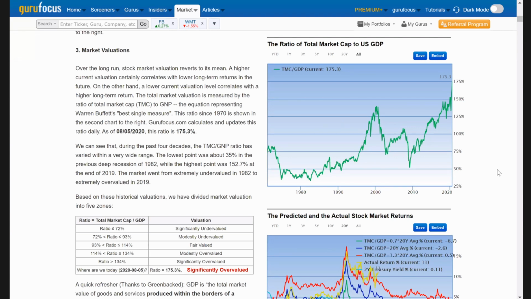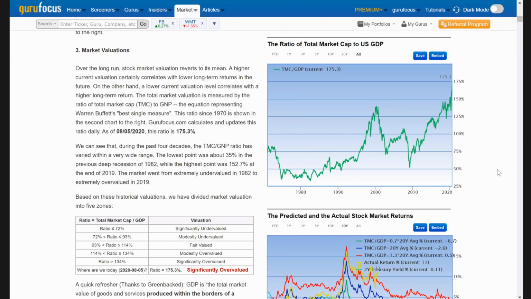Here, I want to comment a little bit about this current valuation compared with the year 2000 tech bubble. In the year 2000 tech bubble, we had lots of companies that were very overvalued, but the difference was that most of the tech companies didn't have earnings and didn't have profits.